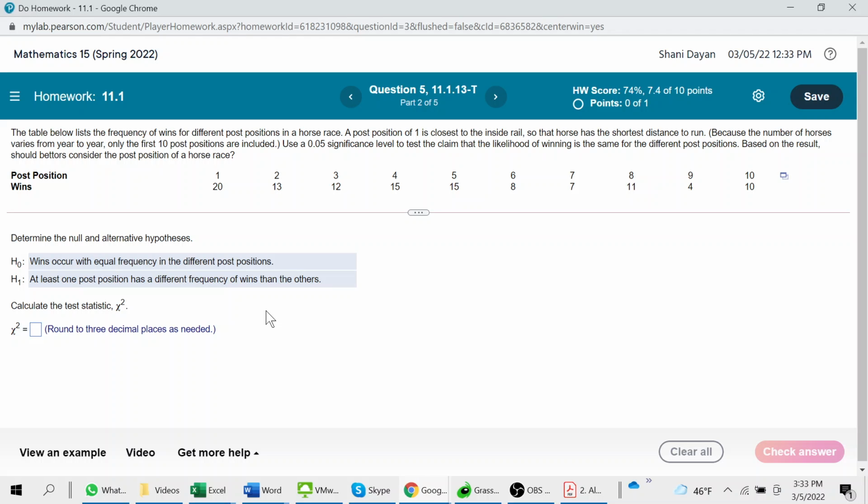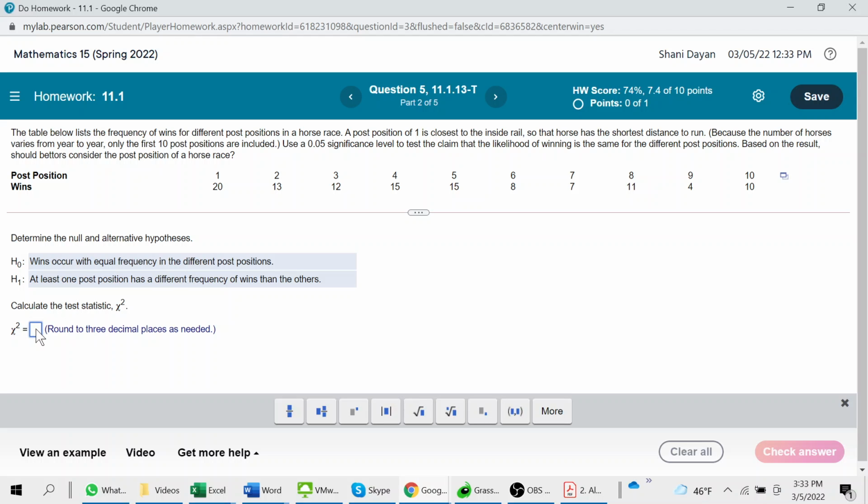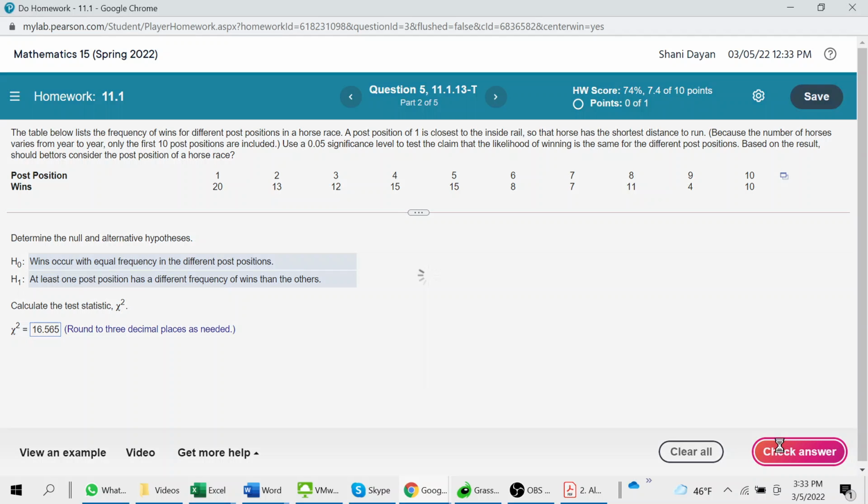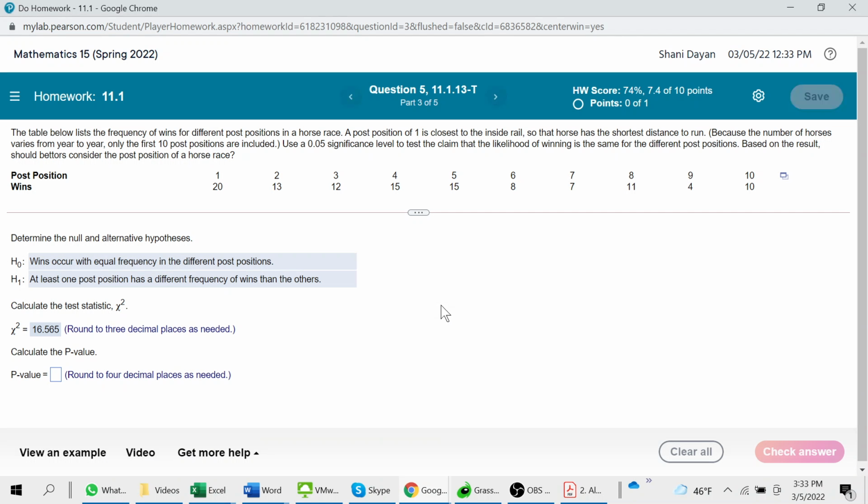I'm going to write all that in my list on my TI-84 Plus calculator. Then we do the goodness of fit test, L1, L2. Degrees of freedom is 9. According to my calculator, the test statistic is 16.565. Well done.